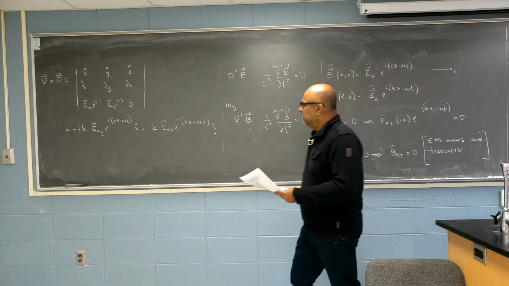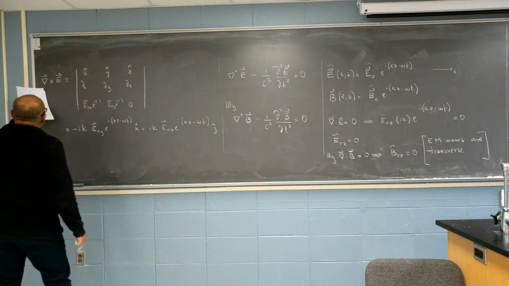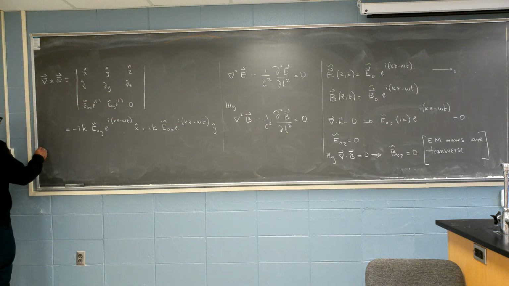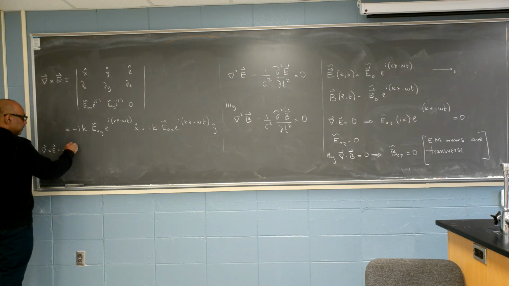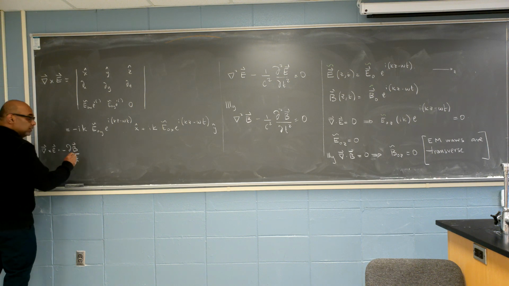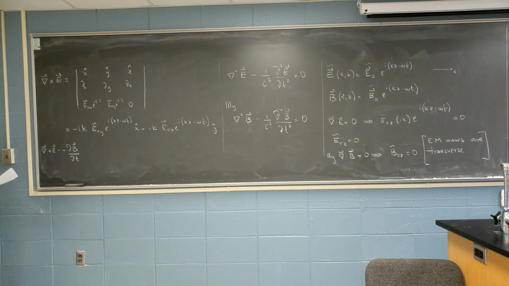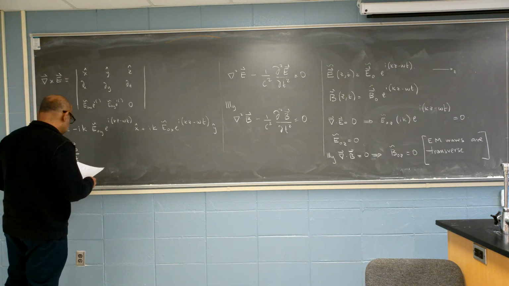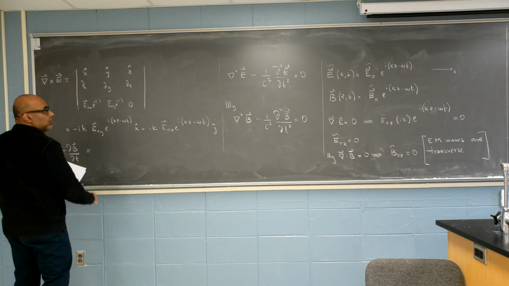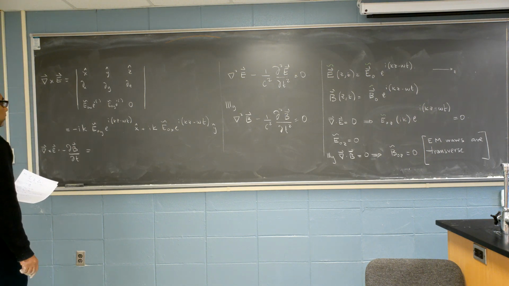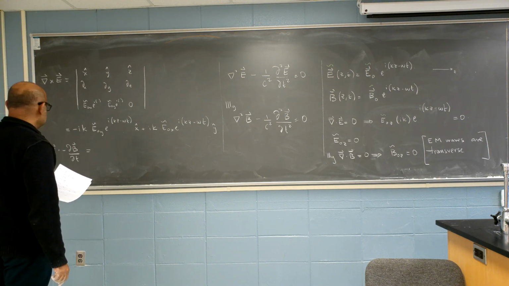But on the other hand, del cross E should be equal to minus dB/dt. So that is what? dt has a minus already, so the minus goes away.